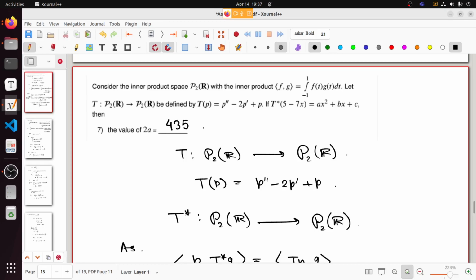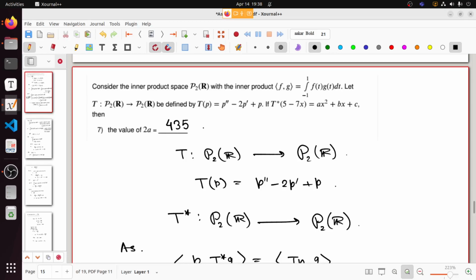So if you put T of 1, what will it be? It will be 1, right? So it will be basically 1 0 0, right? Again you put p(t) equals t, then you will get 0 minus 2 plus t, right? So this will be minus 2 in the column, minus 2 1 0, right?